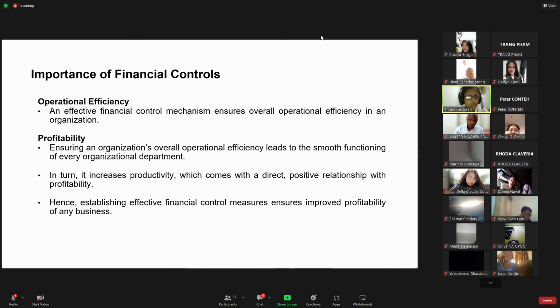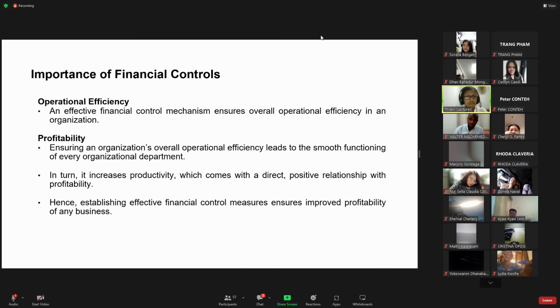It will help productivity. It will also give a good direction. It will also enhance the positive relationship with the people who are working within the organization and even outside, your customers as well.